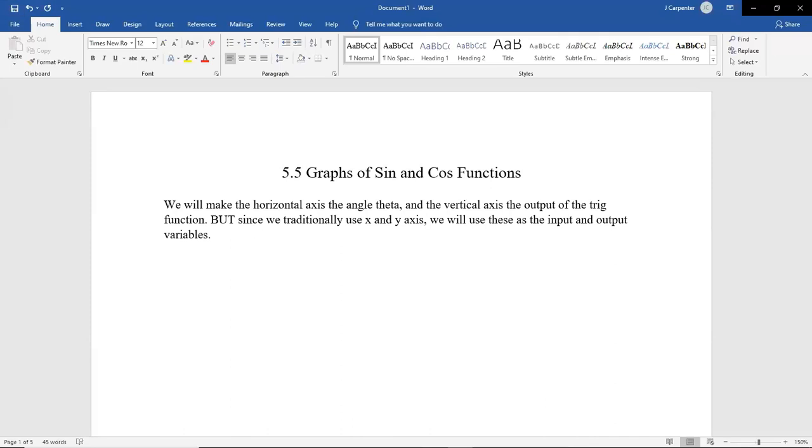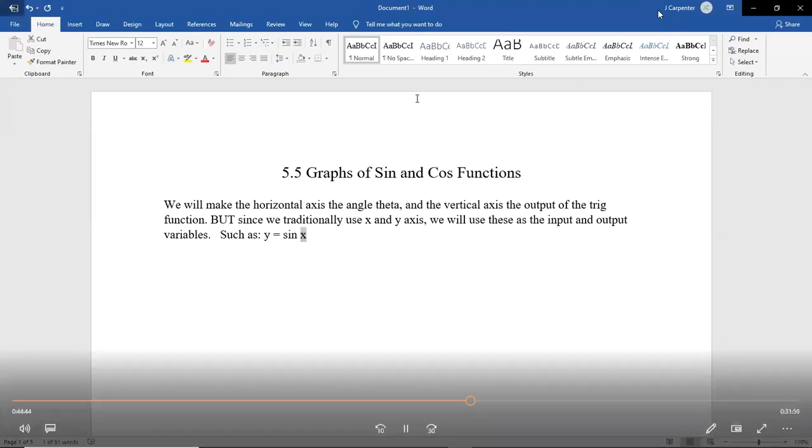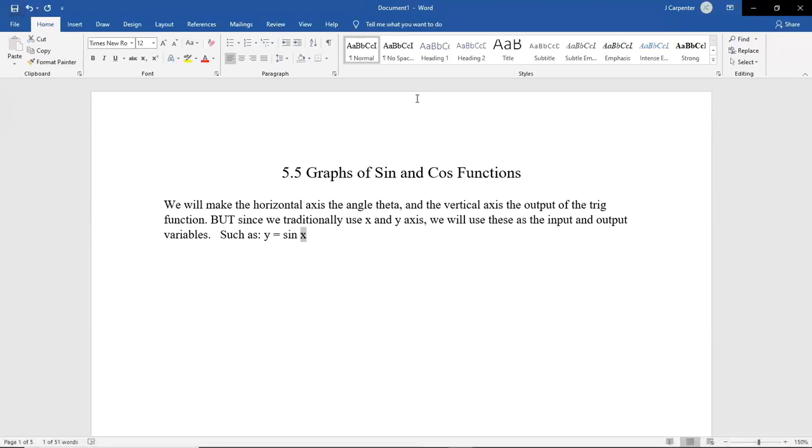So instead of saying y equals sine of theta, we're going to say y equals sine of x. So this x right here is not the x coordinate on the unit circle. This is our theta. Again, we're using an x here because we're going to be graphing them on an xy coordinate plane. So this x is our theta, and the y would have been the output of the trig function.